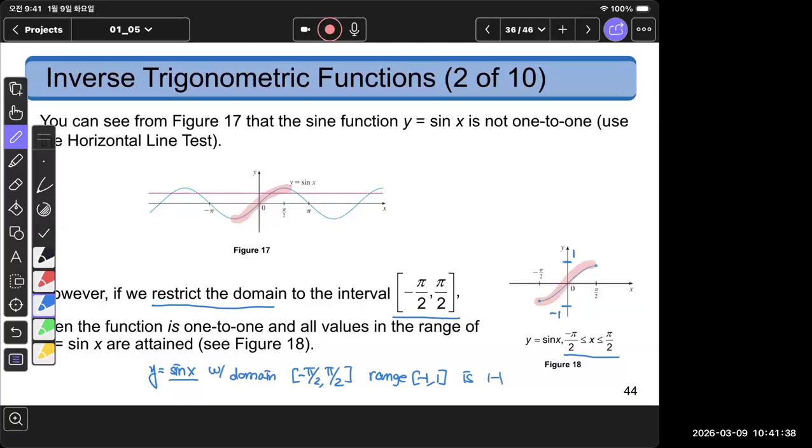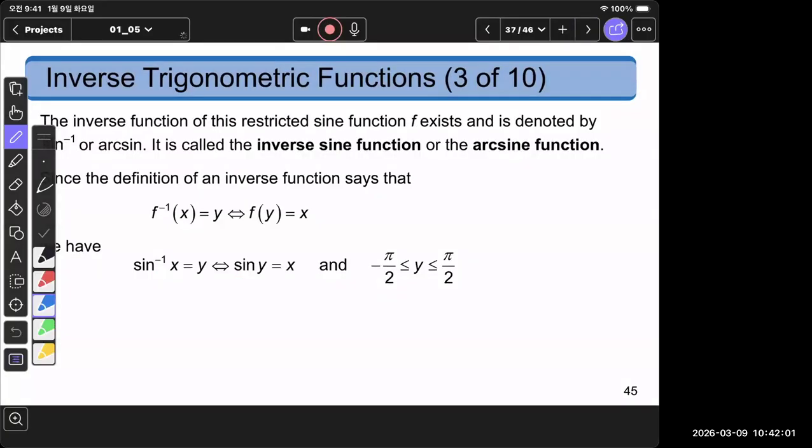So if the inverse function of sine is needed, then people will restrict the domain of the sine function to negative half pi to half pi so that the function becomes one-to-one. Okay? So we want to restrict the domain of the sine function from minus half pi to half pi so that the function becomes one-to-one.